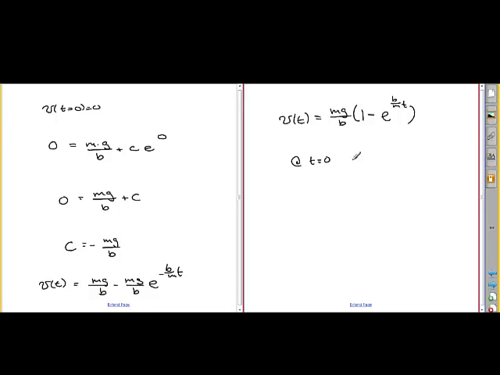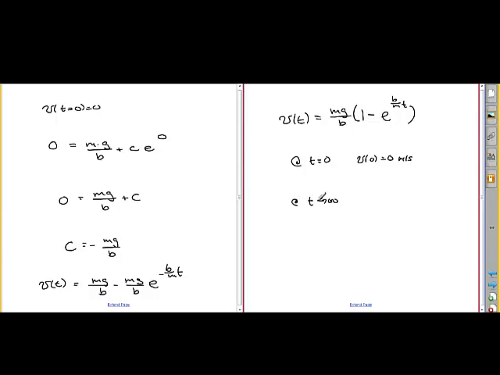So you can see at t equals 0, I get e to the 0, which is 1, so you get 1 minus 1 is 0, so this works out correctly. V of 0 equals 0, which is what we wanted relative to the initial conditions.